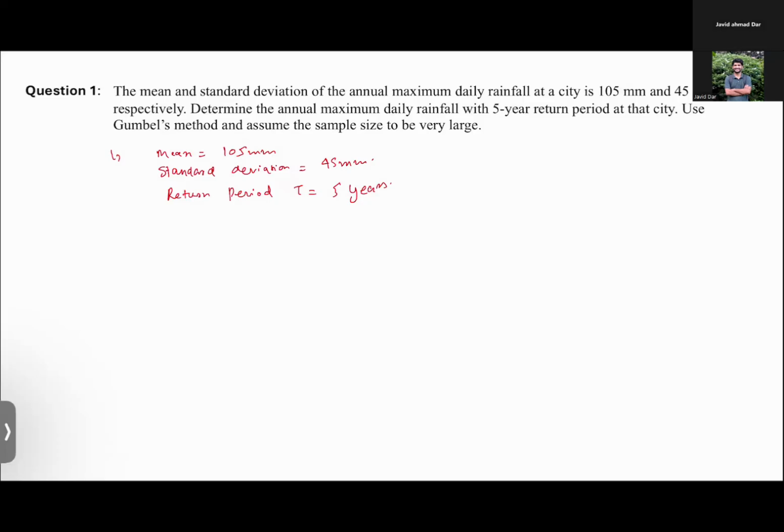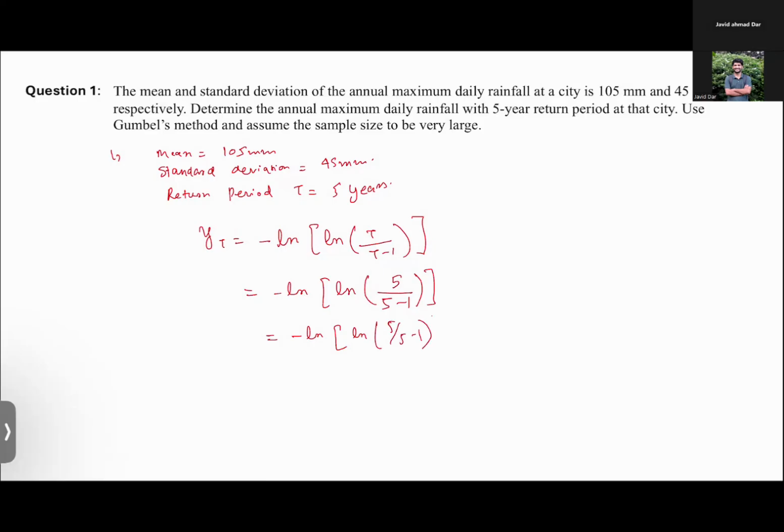Now the first thing that we know is that your yt is defined as minus ln of T divided by T minus 1. So we can take T, which is 5, divided by 5 minus 1, which is equal to minus ln 5 divided by 5 minus 1. If you solve this, the value comes out to be 1.5.